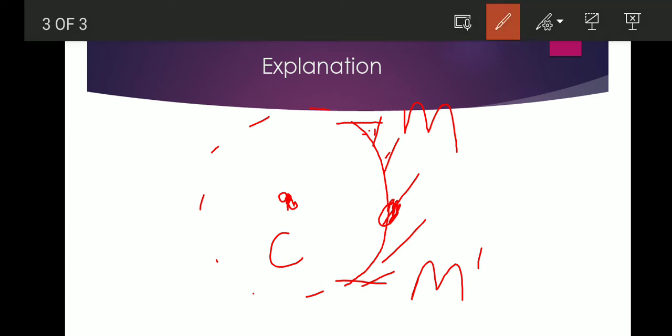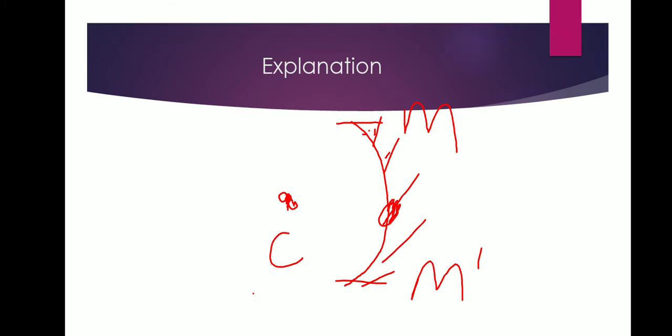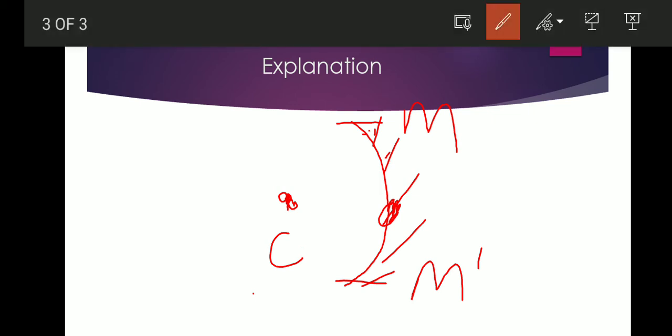Actually this part is not required. Since this is a concave mirror, only this center is needed, and it is imaginary. Then this is called center of curvature.